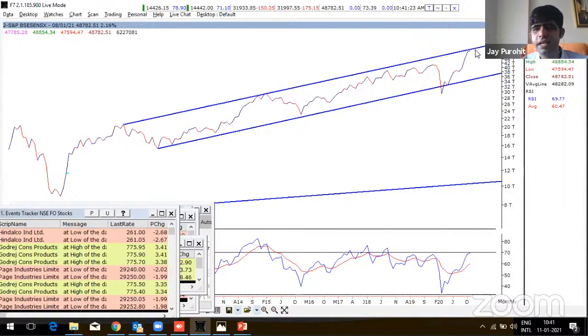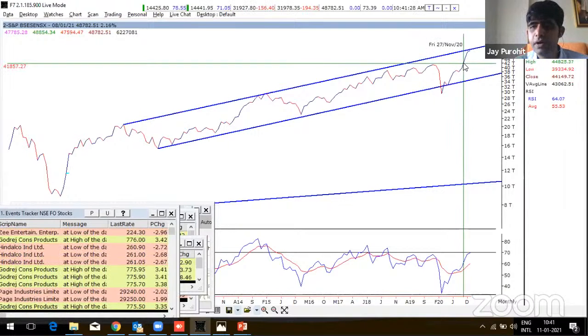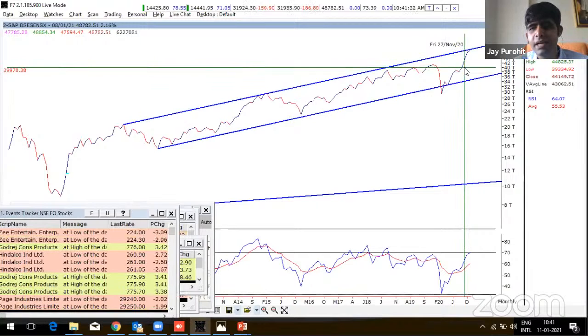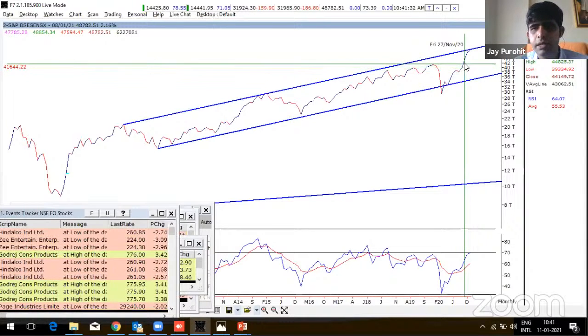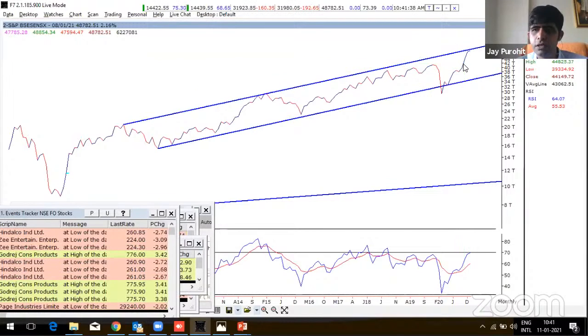But say for the next 1 year or so, if a dip is there, the Sensex can hold a level of 40,000 to 41,000 in a scenario if a sharp correction is there. Okay, so we are not expecting a fall below 40,000 kind of level as of now.